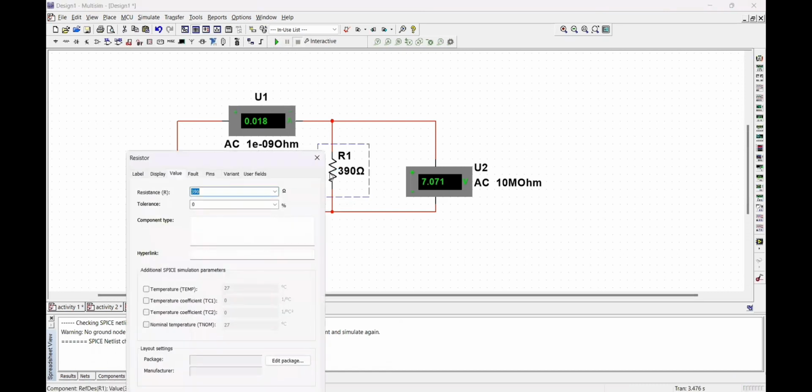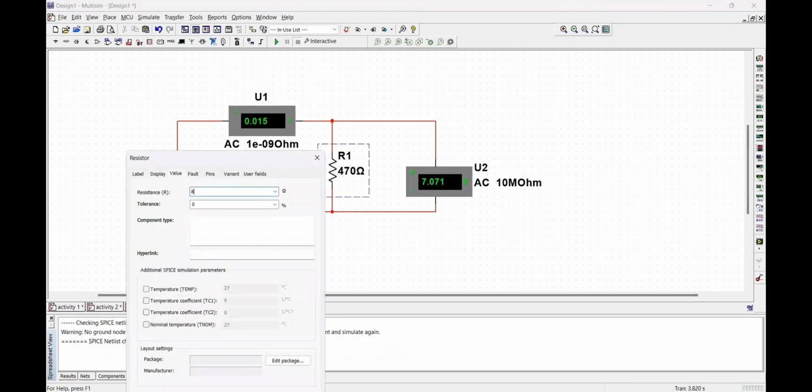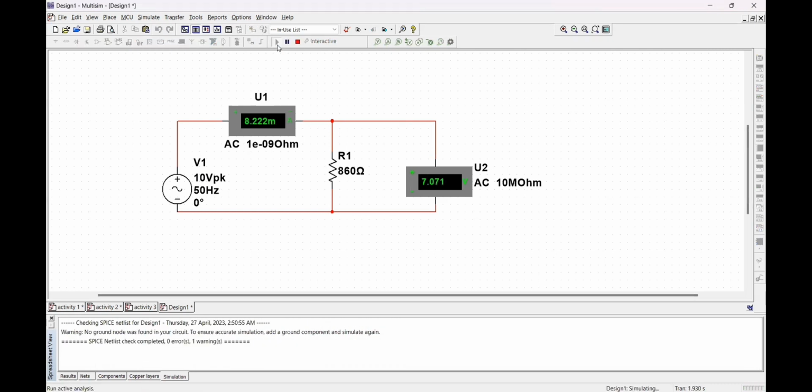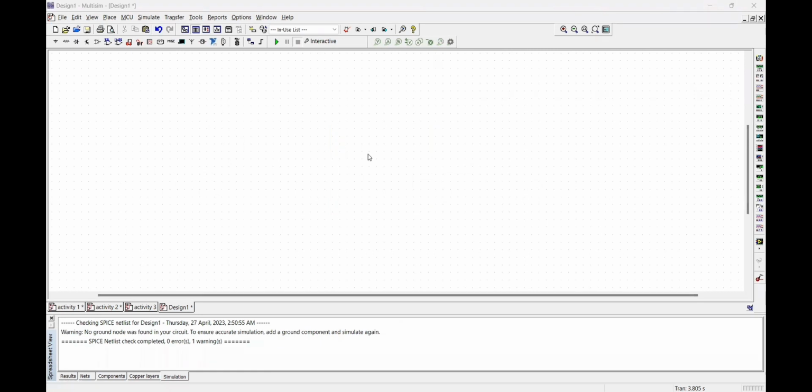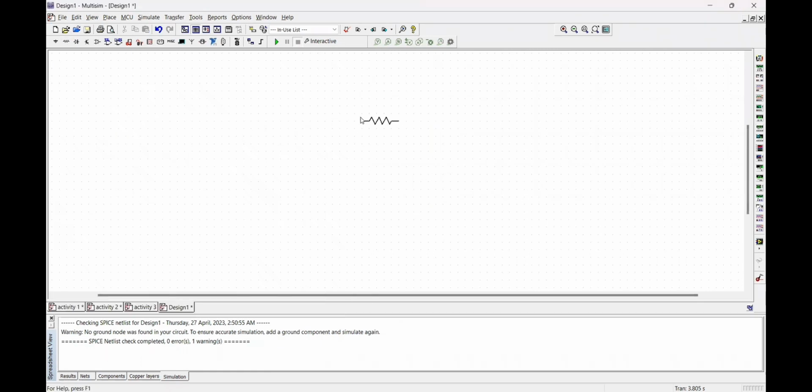Then we go to the value 470, and we run, also we get the answer. And lastly, 860 ohms, and also we get the answer. And then we go to the second activity.